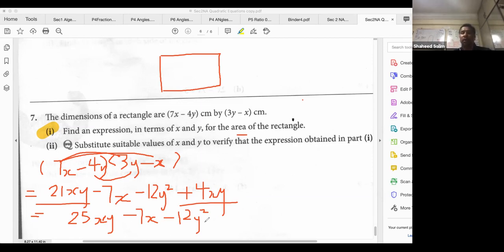Okay, and I think the correct arrangement is this: minus 12y squared, so normally we start with the y squared, right? Then the next one has a y, so plus 25xy. And then the last one, minus 7x.